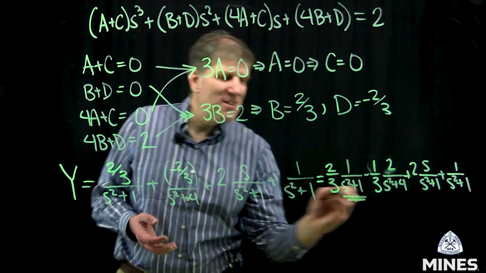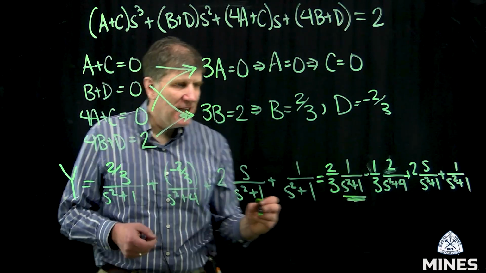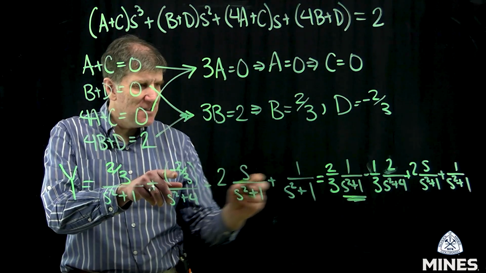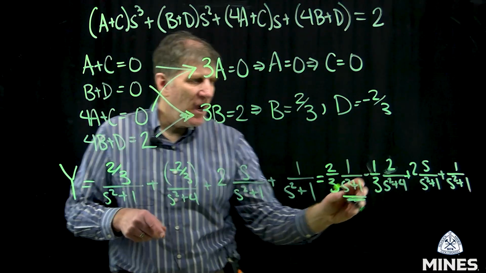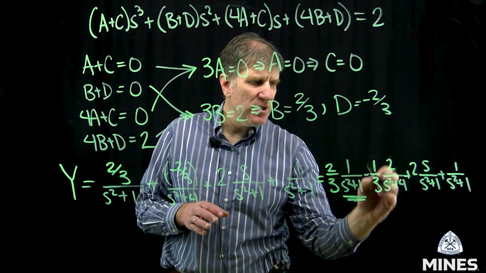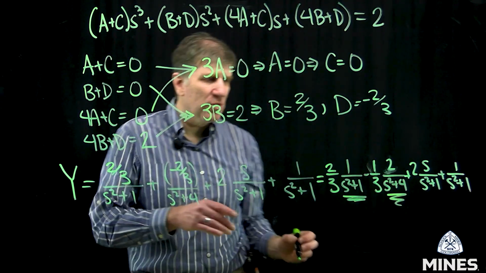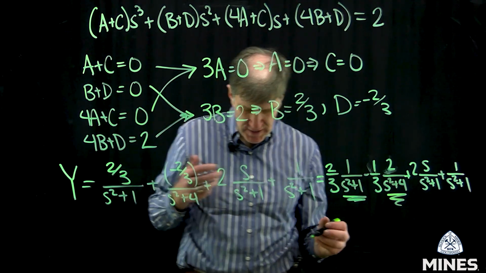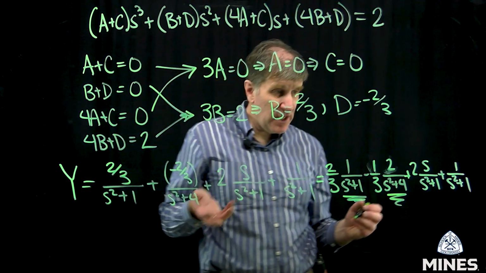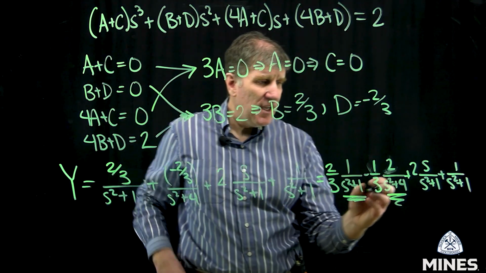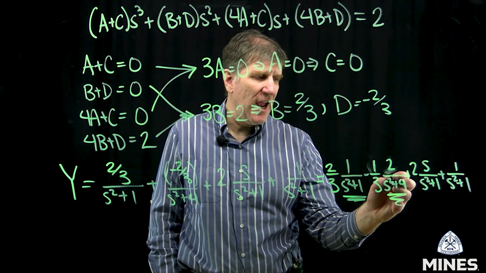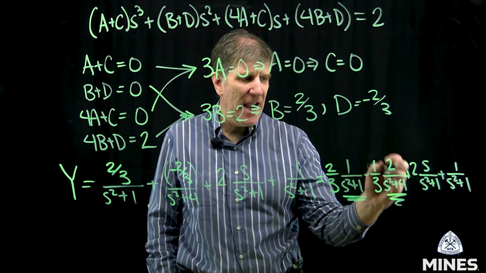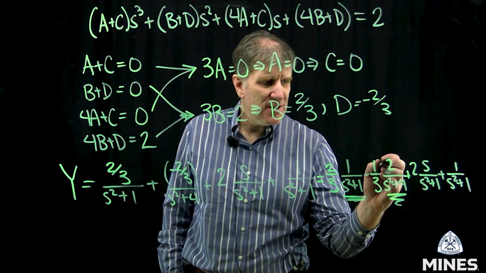This now looks like something in the table. And the reason I didn't write this as a 2/3 here, I wrote it as a 1/3 and kept the 2, is because the table requires, when I have the s squared plus 4, if we look at lines 13 and 14 in the table, it's s squared plus a squared and a in the numerator. So that has to match.